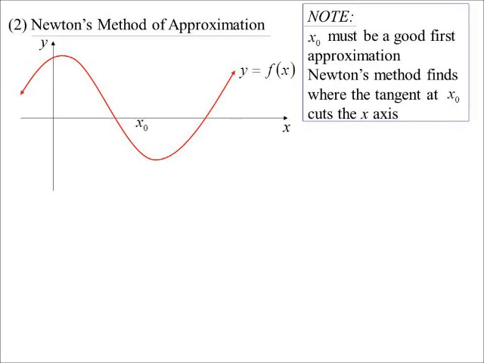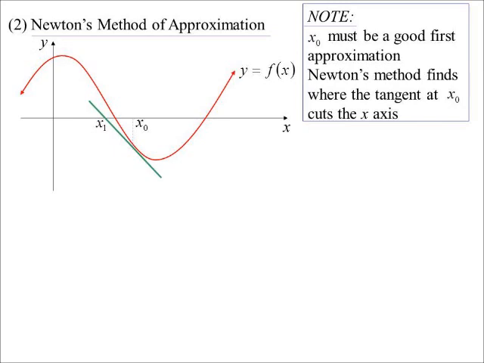Say I wanted to find the solution on the left of x naught there, and so x naught is my approximation to that solution. So I'll go down, draw in a tangent. Where it cuts the x-axis, that'll be my next approximation. Now, if I pick a good approximation, because of the curvature, that tangent should get closer to the intercept, and that's the idea behind it. So at x1, I could draw another one, and so on.